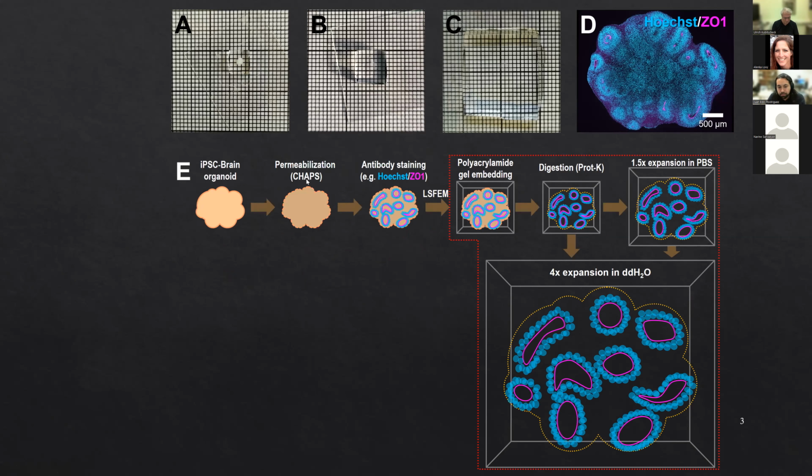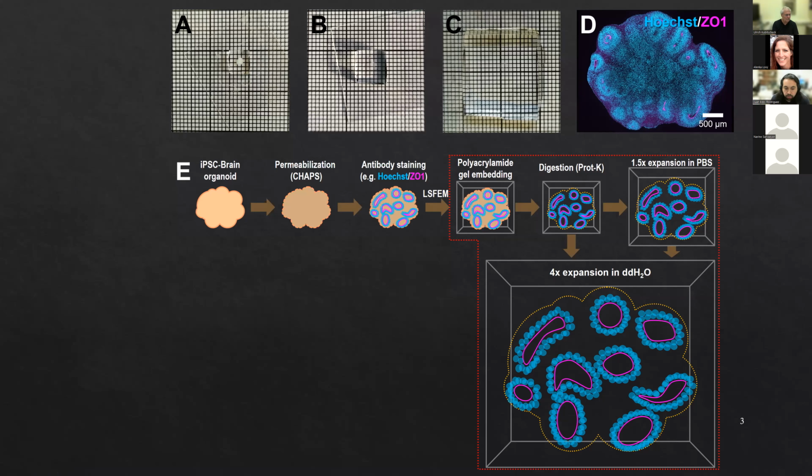First we permeabilize the organoid to allow good antibody staining across the complete body, and then comes this light sheet fluorescent expansion microscopy technique: embedding in polyacrylamide gel, digesting, that means removing all the lipids and breaking all the proteins inside the sample, to choose later between a 1.5 times expansion or a 4 times expansion, depending on which buffer we use.